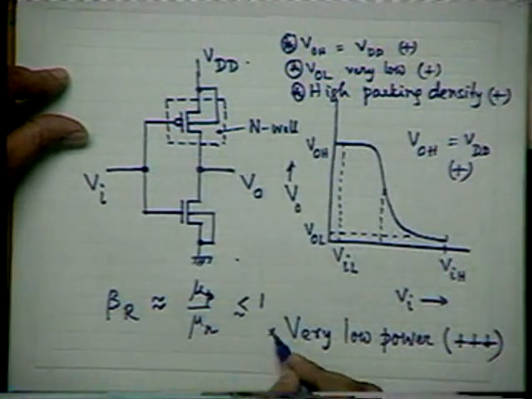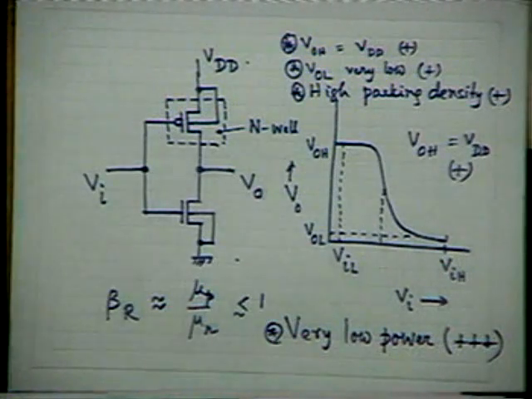But can you mention some negative aspects? What about speed? Suppose you compare 1 micron nMOS with 1 micron CMOS, please remember the minimum size should be kept the same for comparison's sake. That is very important. By 1 micron I mean the minimum feature size. In this case, what is the minimum feature size?